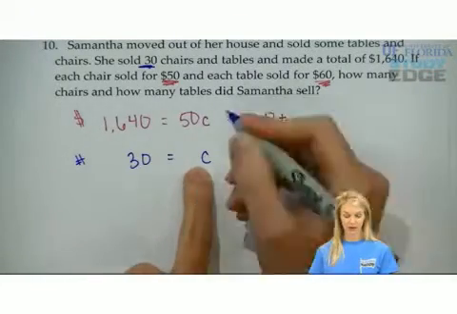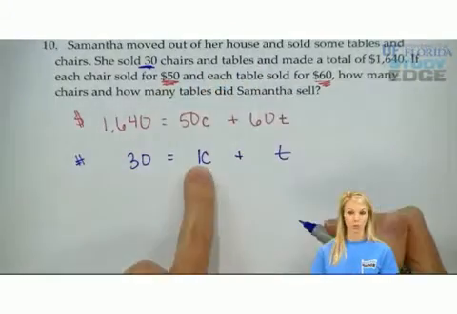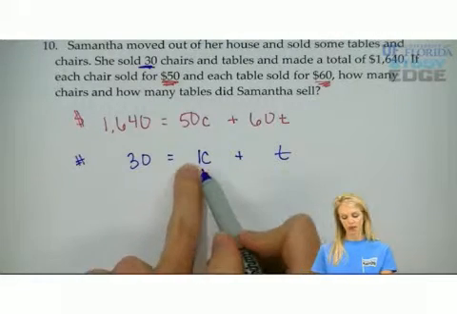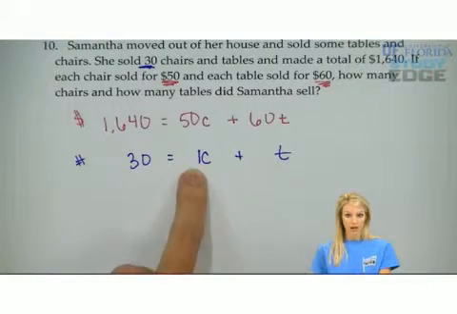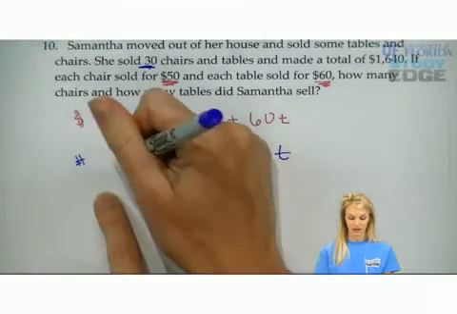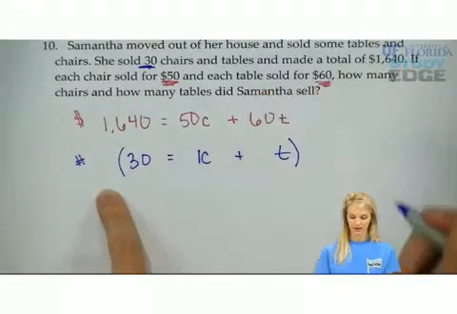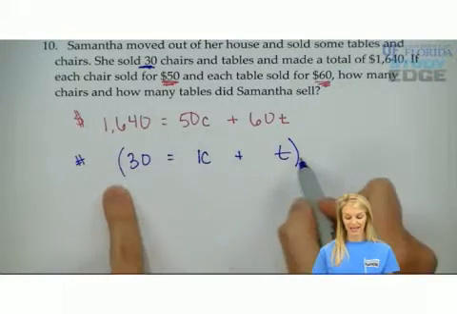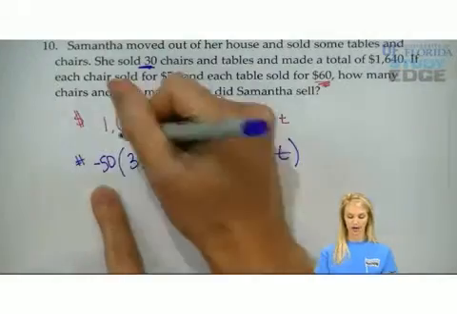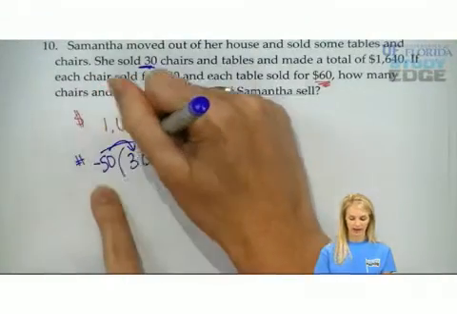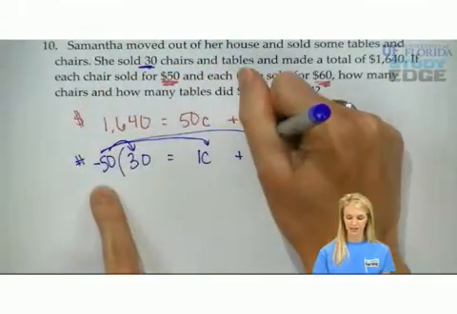Remember, when I have a C by myself, the coefficient is really just 1. You have 1 of C. Well, what can I multiply 1 by to make it negative 50? All right, I would just multiply it by negative 50. So I'm going to multiply my entire second equation times negative 50. So I'm basically distributing negative 50 to every single term.